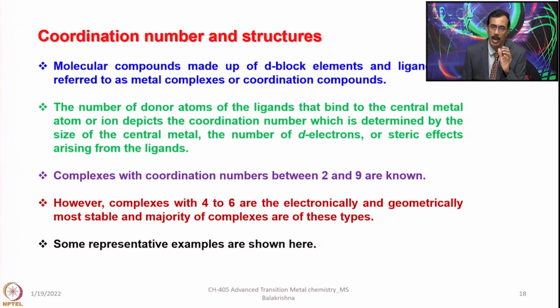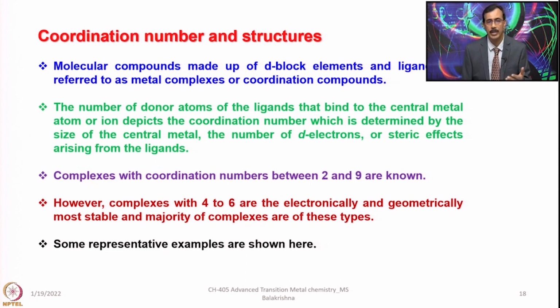When we have a certain set of ligands, whether they can offer coordination number 3, 4, 5 or 6 depends on whether the metal is capable of having that many ligands surrounding it, and also the number of d electrons and the steric bulk of the ligands. All these factors are very important, and we have to understand them when we talk about coordination compounds.